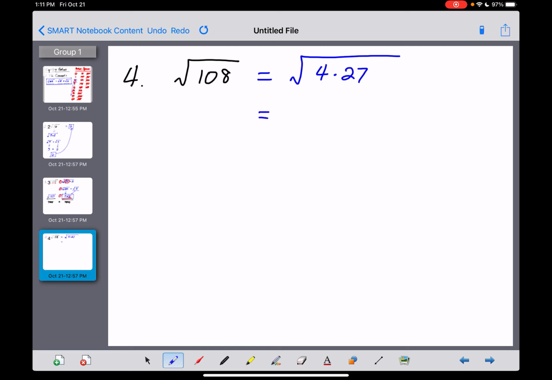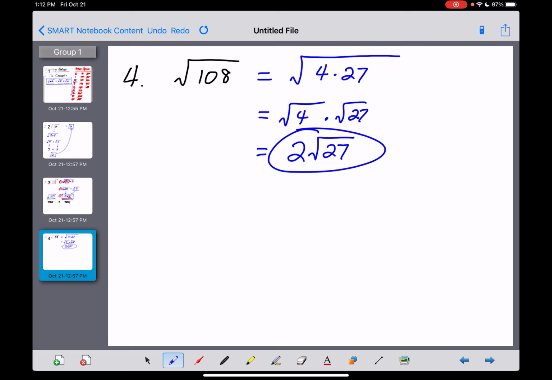Okay, now we break it up. That's the square root of 4 times the square root of 27, and the square root of 4 is 2. And most people are going to leave the square root of 27 there, box it up, and be done with this problem. And unfortunately, guys, you've done some nice work here, but you're not done yet. You haven't simplified this fully.